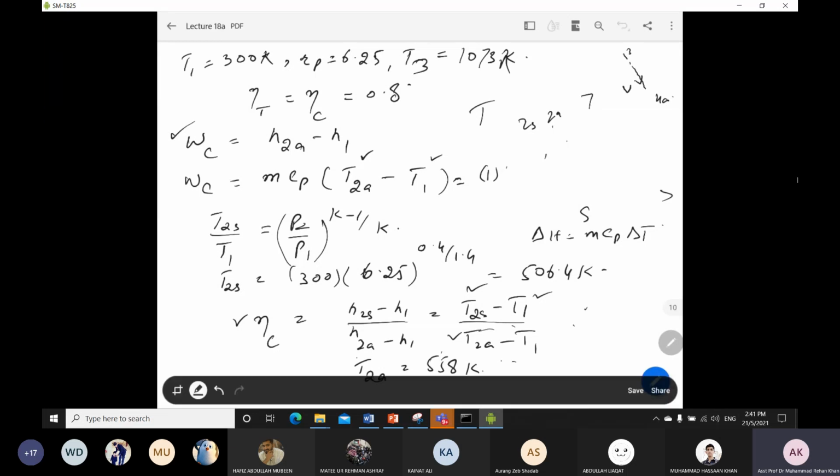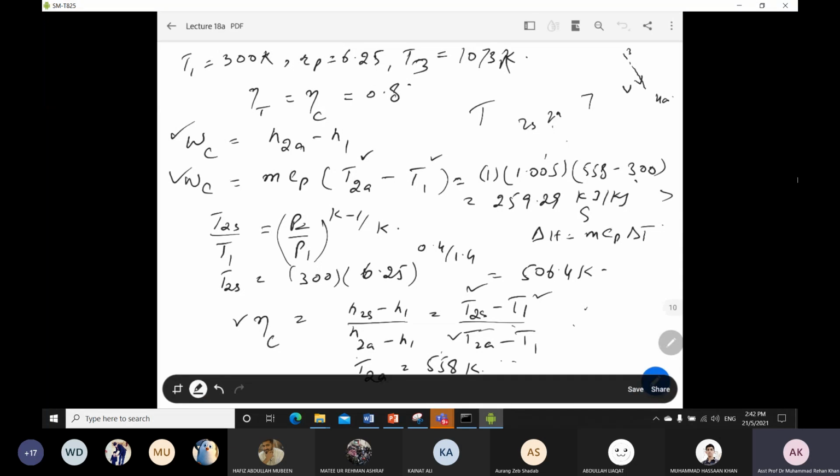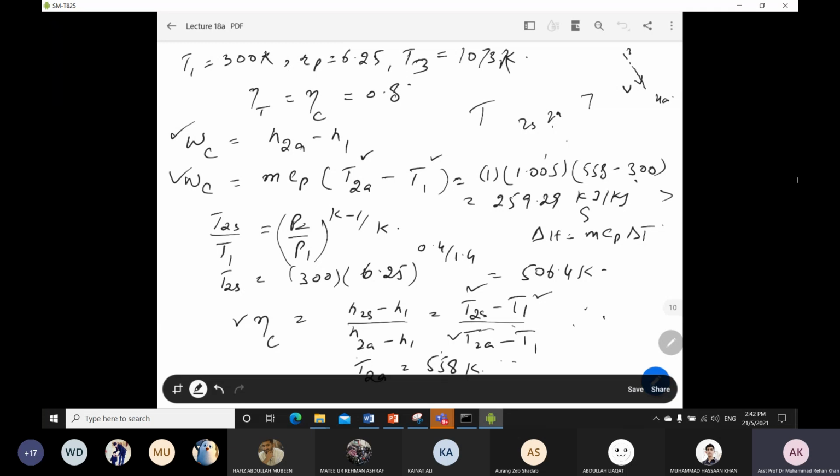The mass of air is 1, as given in your question, Cp value is 1.005 for air, T2a value is 558 Kelvin, and T1 value is 300 Kelvin. If I solve it, the compressor work turns out to be 259.29 kilojoules per kg. This is the actual compressor work, and this is the solution for your first part. You have to note it down, then we'll move towards the next part.